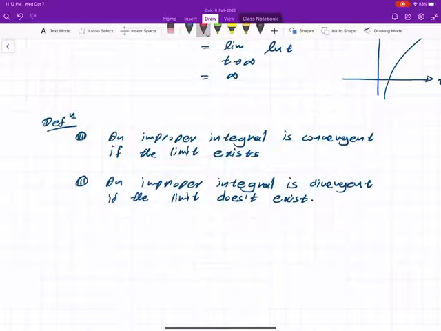So an improper integral is convergent if the limit exists, divergent if the limit does not exist.